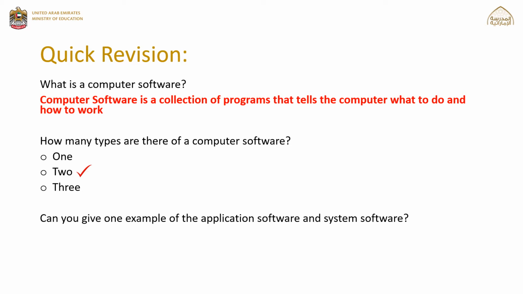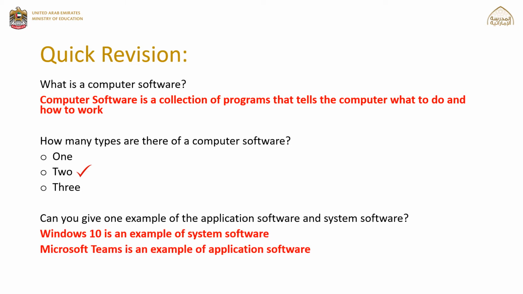Can you give one example of application software and one example of a system software? So, Windows 10 is an example of a system software and Microsoft Teams is an example of application software.